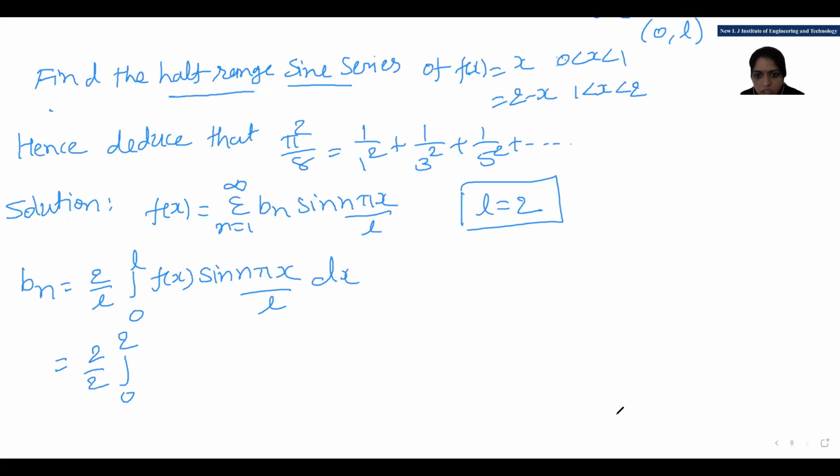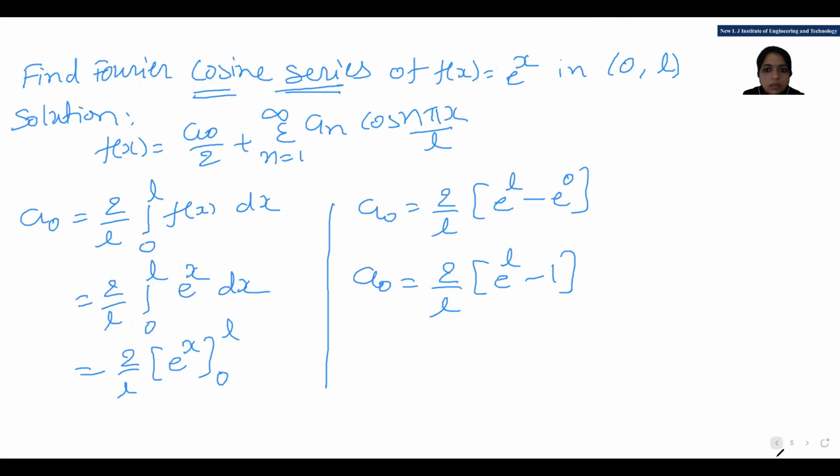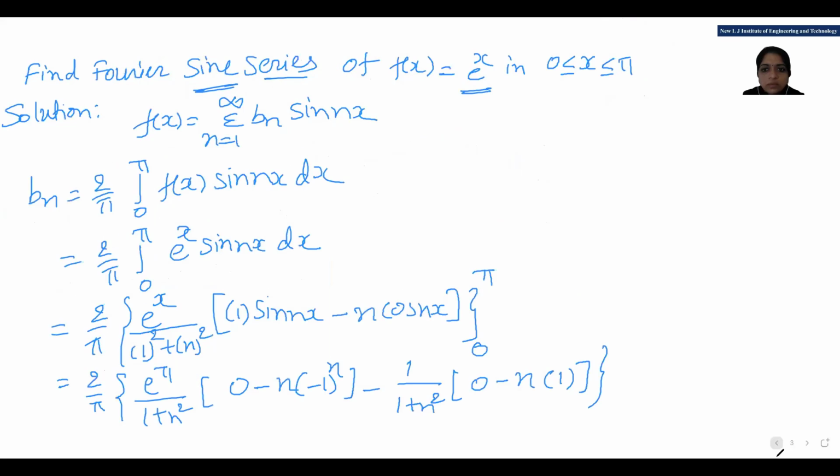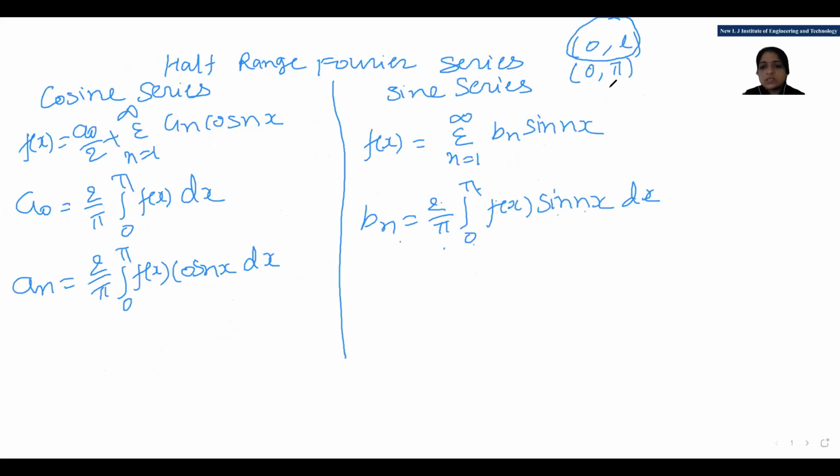Devanshi, one doubt. We are doing the example of half range, right? So in half range, as I said earlier, see this slide. When I started today's session, I told you in half range, only two types of range are there.